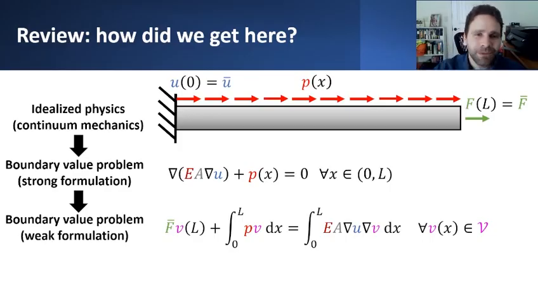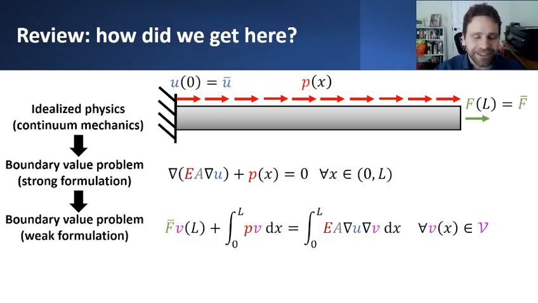And for any possible choice of this virtual displacement function, we should still satisfy this integral average weighted statement of equilibrium. That was nonetheless an equivalent statement of this same boundary value problem, just reworked into an integral expression rather than a differential equation as we had previously in the strong form.